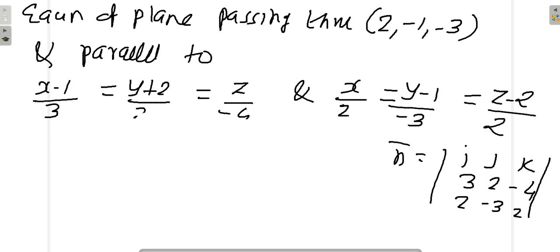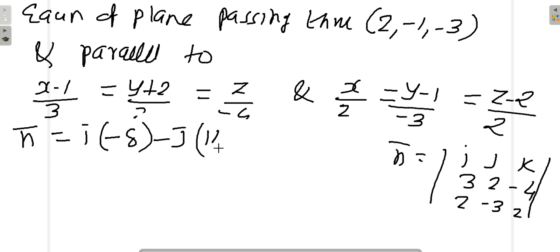So that gives me n bar as 4 minus 12, it is minus 8; 6 plus 8, that is 14; and minus 9 minus 4 is minus 13.